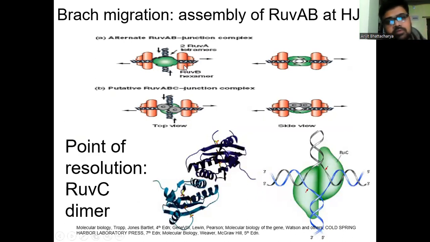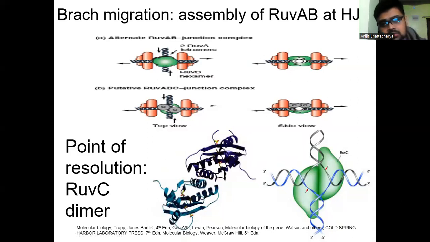So, if you see in this particular figure here, the actual binding stoichiometry of RAV-A and RAV-B is shown. RAV-A can identify this holiday junction. It can bind there, and subsequently on both sides it can bind to the junction as a tetramer, and it can join with RAV-B on the two sides.